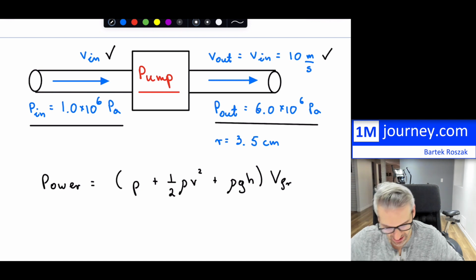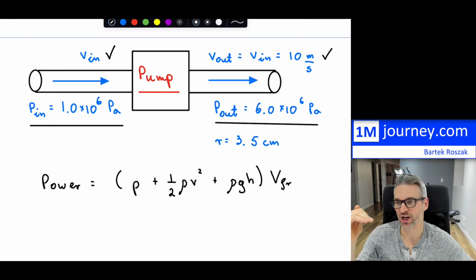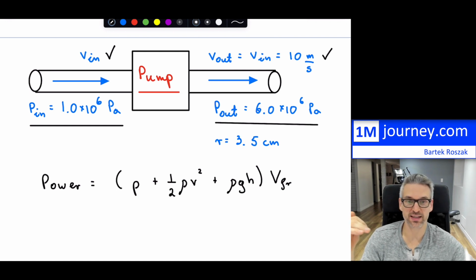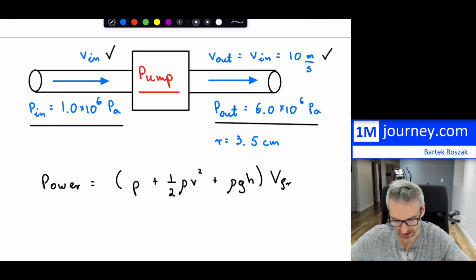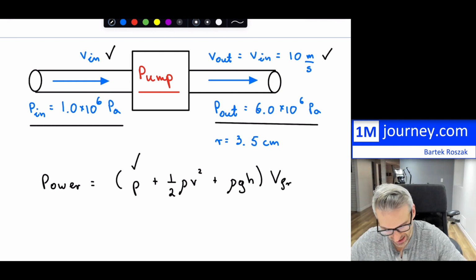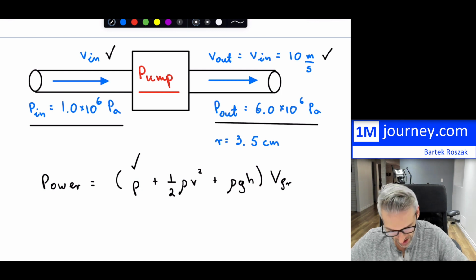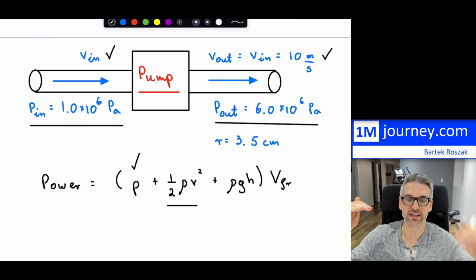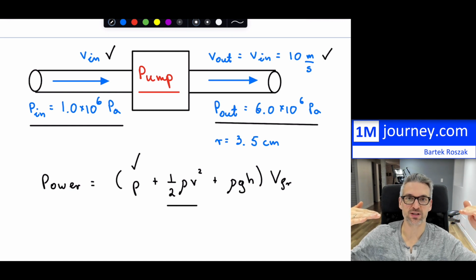Now this is going to be the change that we have. We want to see what changed. So it's changed on pressure. Notice it went from 1 times 10 to the 6 to 6 times 10 to the 6. So the pressure definitely changed. So we're going to have power that we need in order to keep this up. However, for this component right here, because the actual speeds of the liquids are the same, there is no change in them. So that means coming in and coming out is exactly the same.